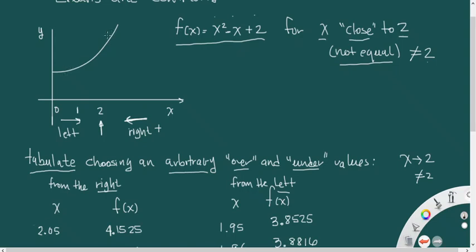But sometimes I don't have this plot, or I have a more complicated function, and there is no way to see it in a graphical or geometric way. So I need to use this strategy to approximate the function from the left and from the right, just to confirm that I have the function available from here to here and from here to here.